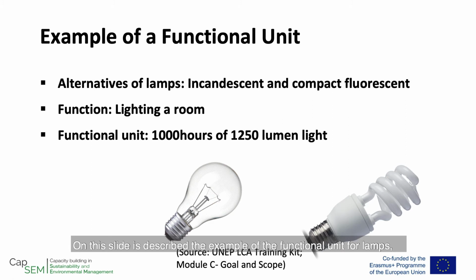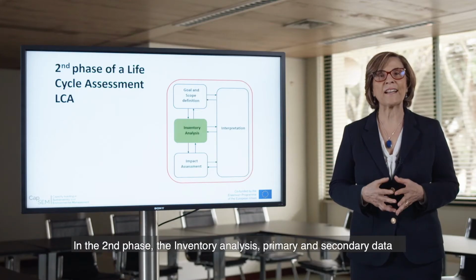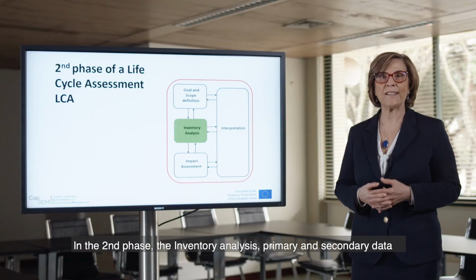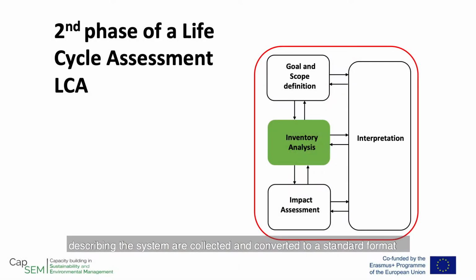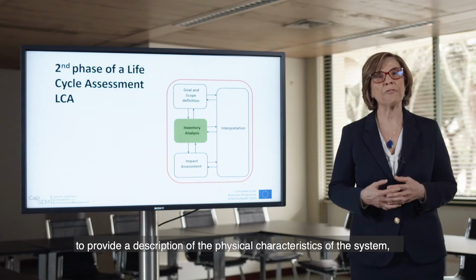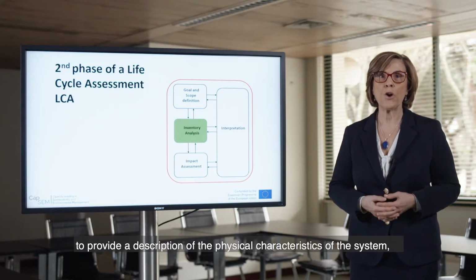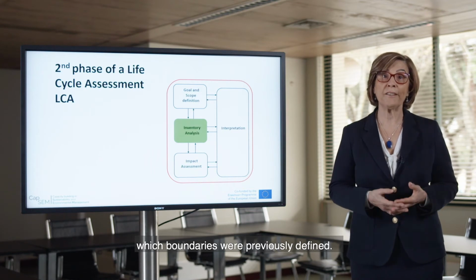On this slide is described the example of the functional unit for lamps, which function in lighting a room can be the number of hours for a given feature, for example, the lumen light. In the second phase, the inventory analysis, primary and secondary data describing the system are collected and converted to a standard format to provide a description of the physical characteristics of the system, whose boundaries were previously defined.